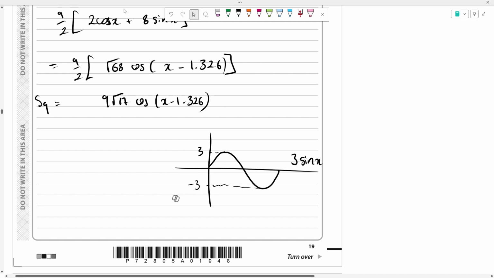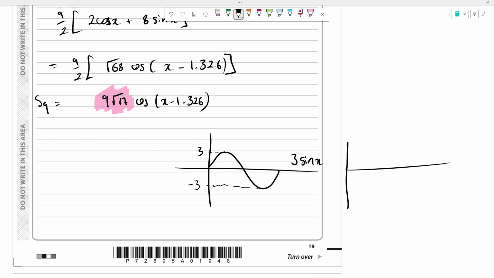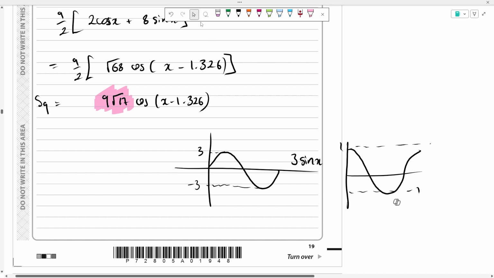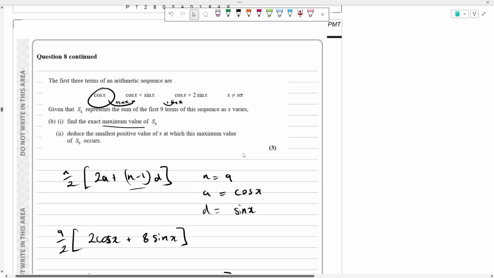That all depends on the coefficient of your trigonometric graph, and this also applies to your cos graph as well, because your cos and your sine are very closely linked. They're just shifted across. Again, your maximum value is 1, minimum value is minus 1, so it all depends on your coefficient. So in this case, your maximum value is just going to be 9√17 itself.